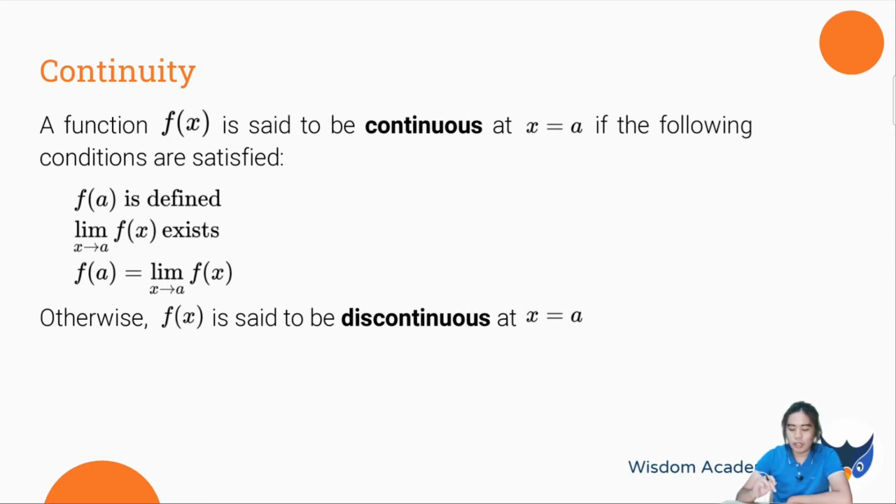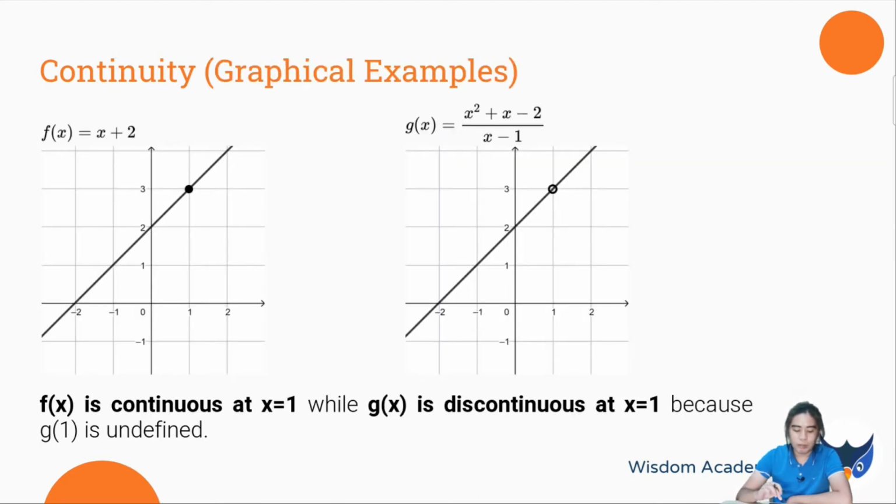So, we can explain this more, and you will understand it better, using graphical examples. Here, we have two examples, f of x and g of x. Our f of x is continuous at x equals 1, since its limit here is 3 and its f of a is also 3.